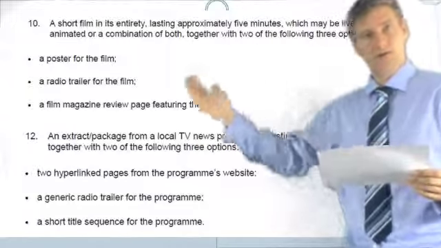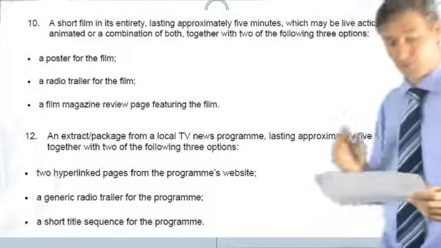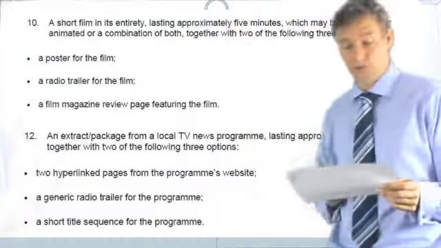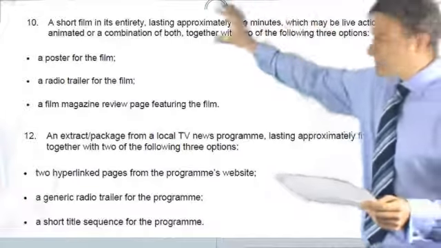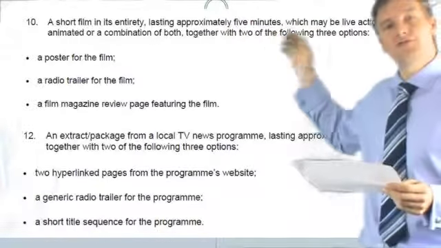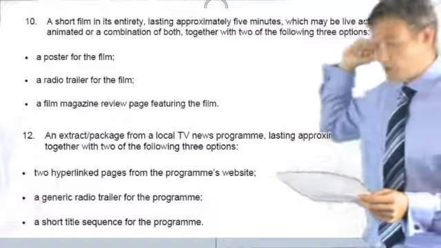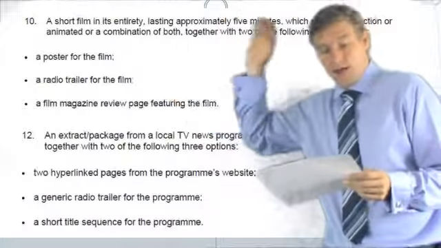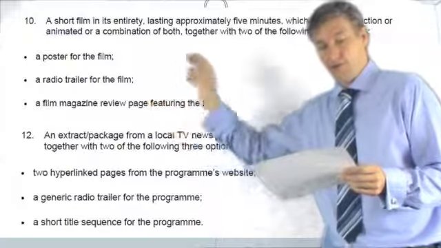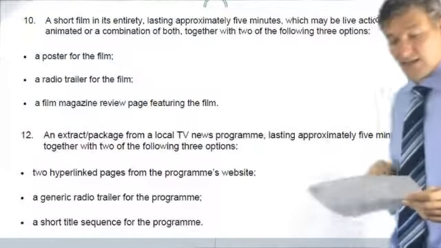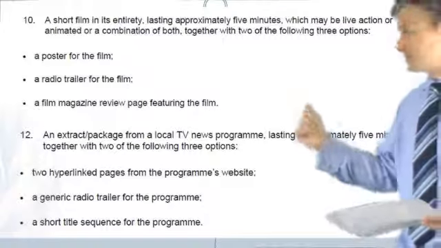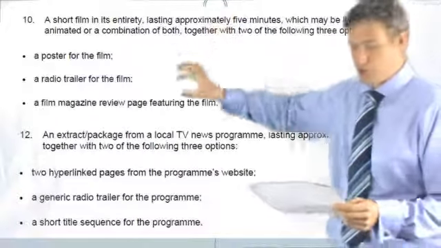I don't know if you've got expertise in animation, but you've got that option if you want to do that. So you do the film, but then you also have to choose two of the three options below. You can do a poster for the film, a radio trailer for the film, or a film magazine review page about it. So you do the film plus two more.